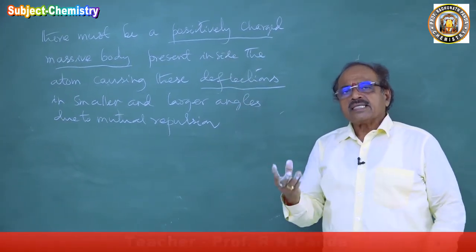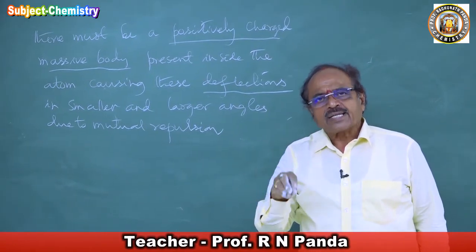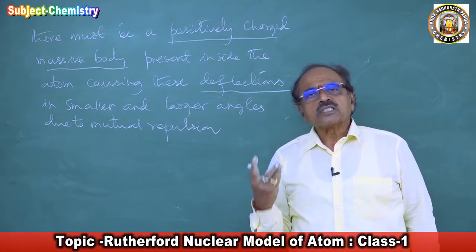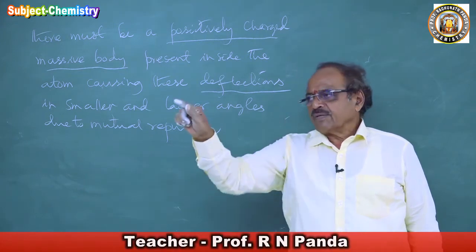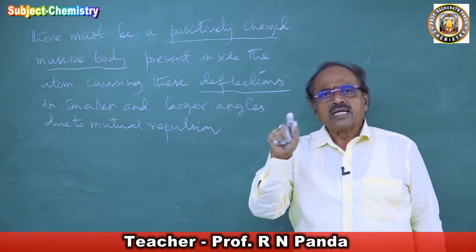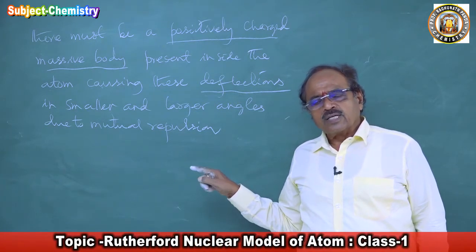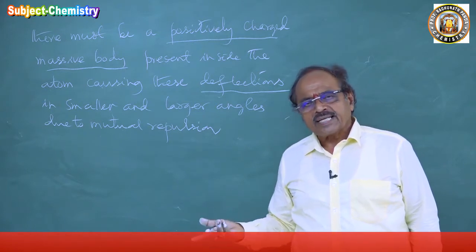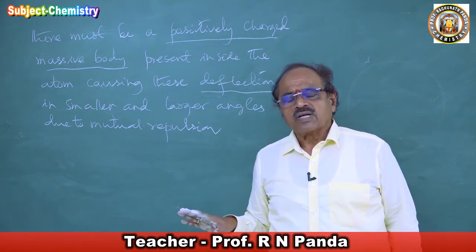This means the protons must be concentrated at one place of the atom, forming a positively charged massive body. They are not at different places. Thomson had already given the Thomson model, which was rejected, in which the electrons and protons are distributed over the atom.